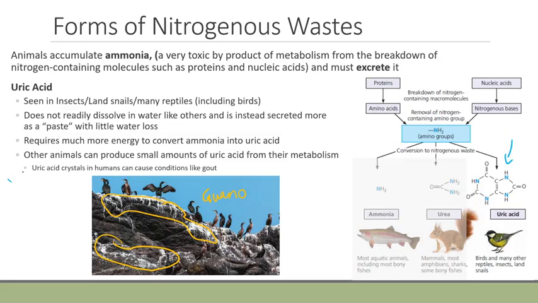I do like to also point out that even though, yes, we typically talk about uric acid as being for birds and reptiles, or what I just said, all these guys right here, other animals do still make uric acid in some amount. Humans famously make uric acid, because uric acid crystals that form in your body as a result of metabolism can cause conditions like gout.